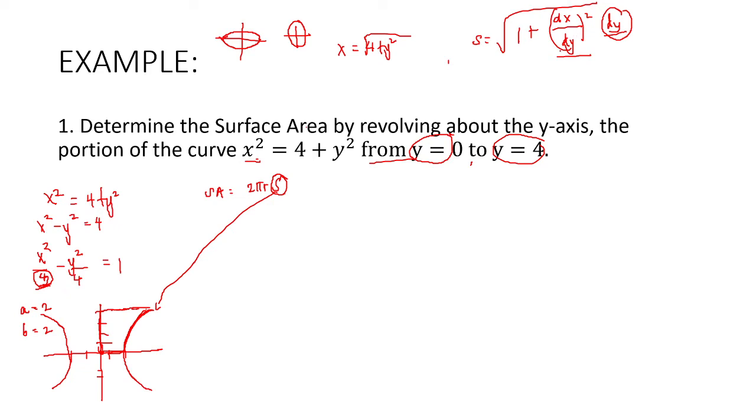So we are going to get dx over dy first. So what's dx over dy of this? So this is 1 half times 4 plus y squared to the power of negative 1 half times 2y. Cancel, cancel. So our dx over dy is just equivalent to y over the square root of 4 plus y squared.